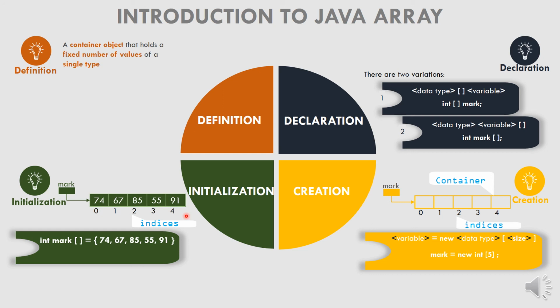You probably may ask how to retrieve a specific element value in an array. So Java provides a syntax which is the array name associated with brackets. Therefore, in order to access the first element value, you should specify index 0 inside the brackets.